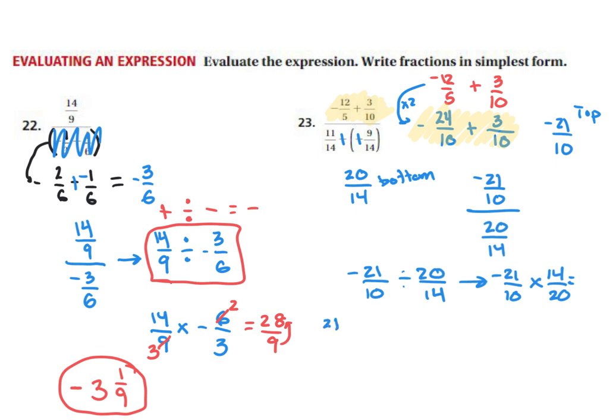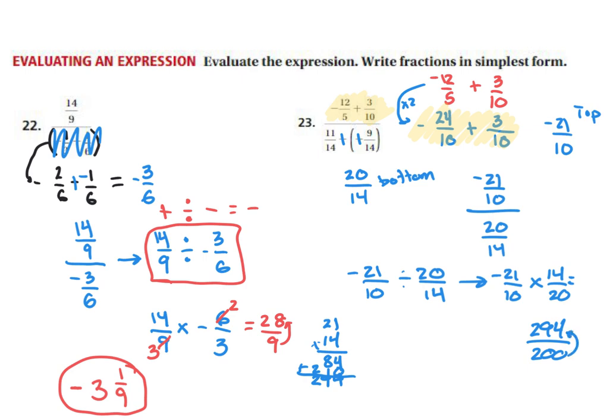So I'm going to say that, as in most of these problems, you're going to have to do long multiplication. And you get 294 over 200.